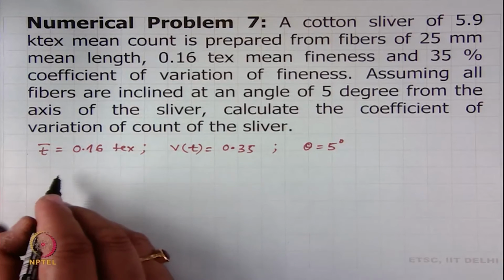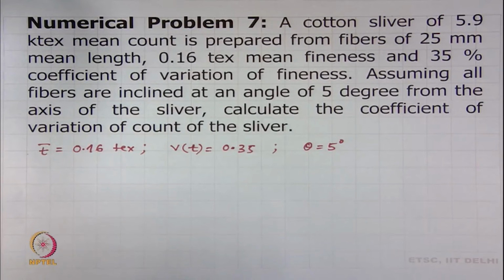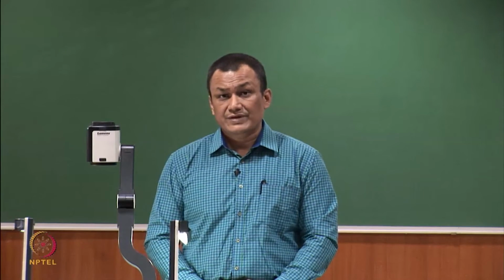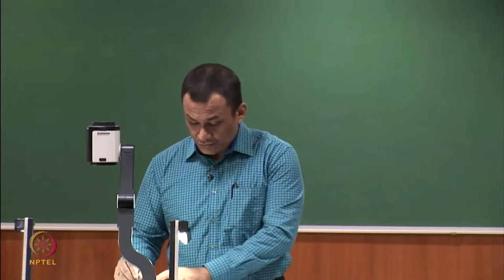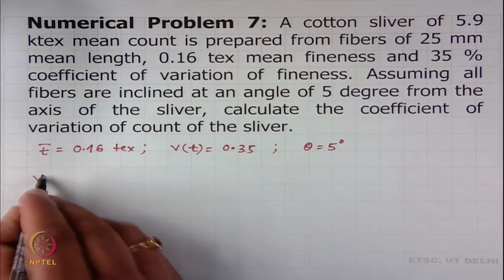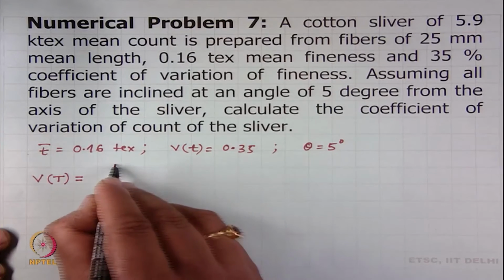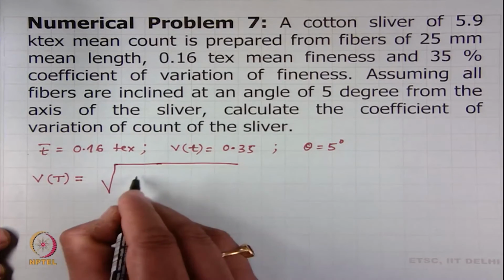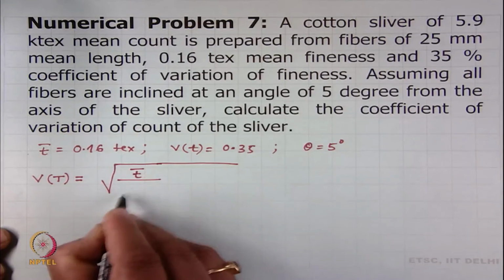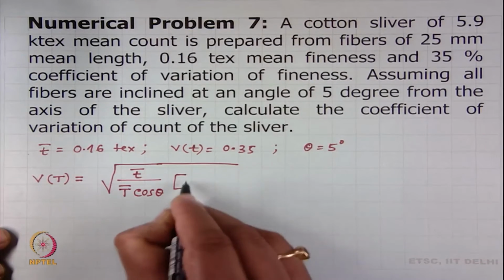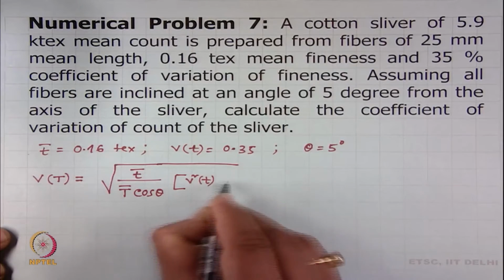So, you remember the theory of CV of sliver fineness, when all fibers are inclined at the same angle from the axis of the sliver. We derive this relation: V t is equal to small t bar by capital T bar cos theta, V square t plus 1, to the power half.